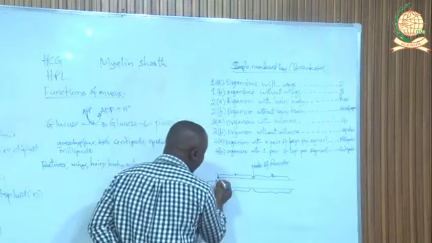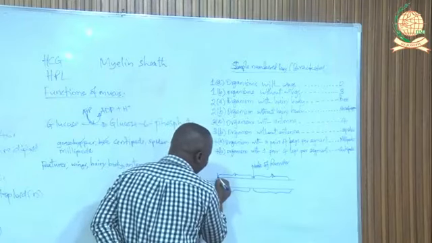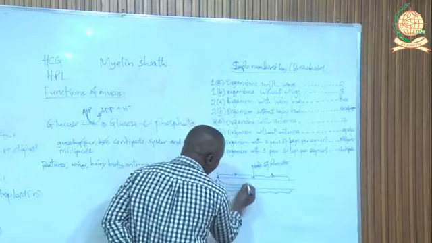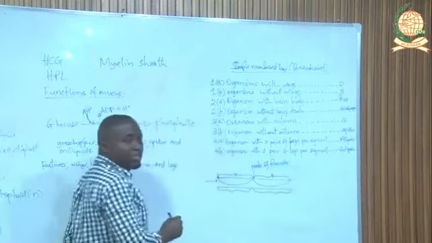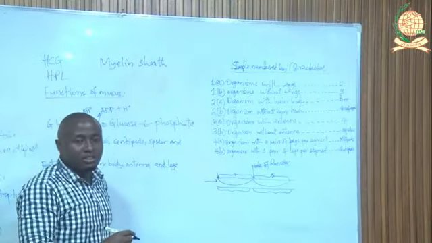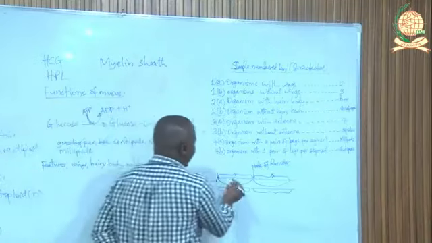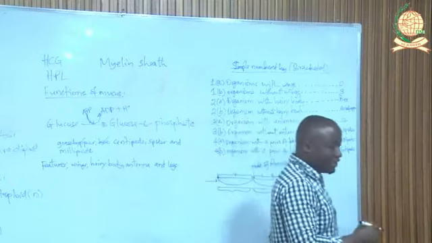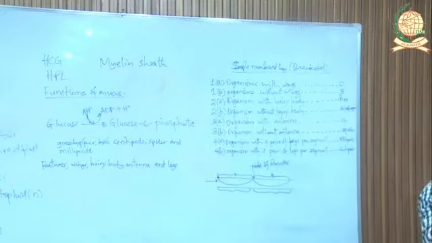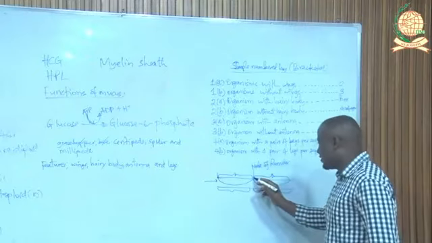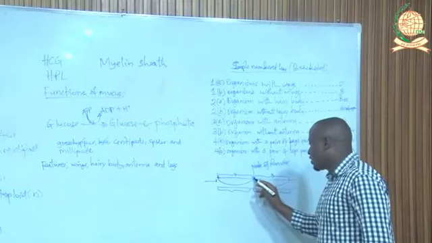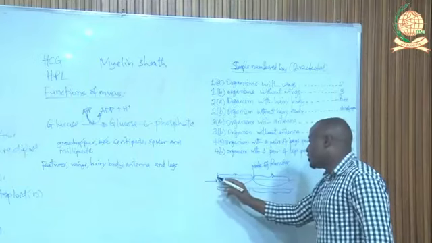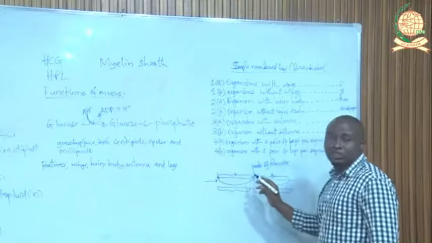If the myelin sheath causes the charge to leap from one node of Ranvier to another, this kind of movement is called saltatory movement. So the myelin sheath facilitates saltatory conduction because the charges have to leap from one node of Ranvier to another, because these are the only portions where the charges can flow either in or out.